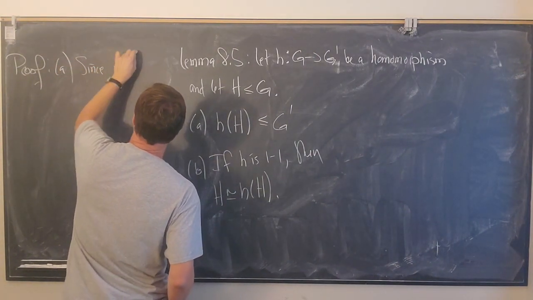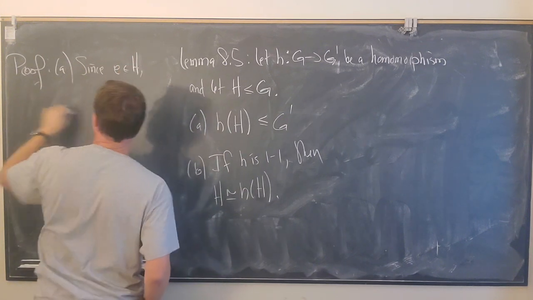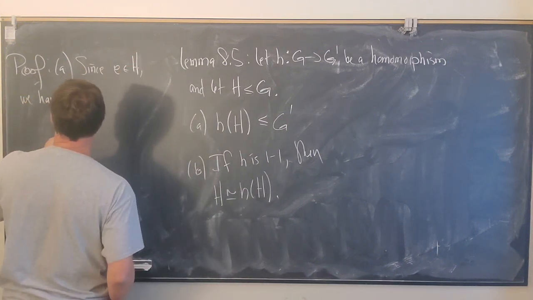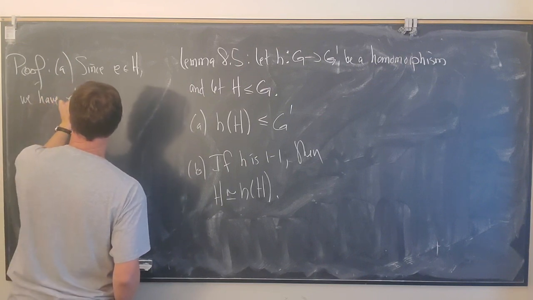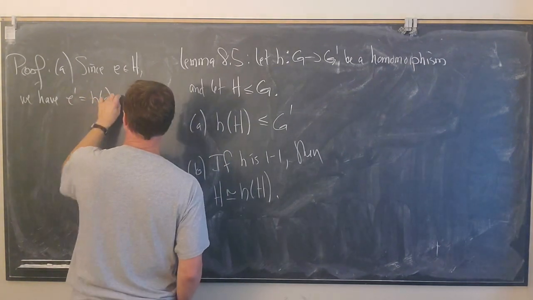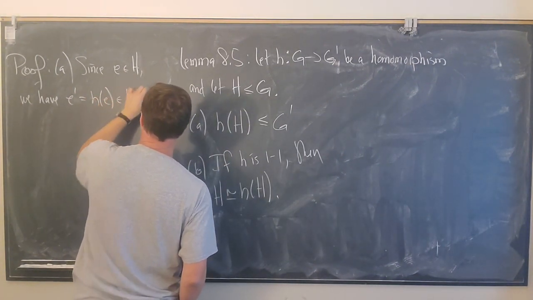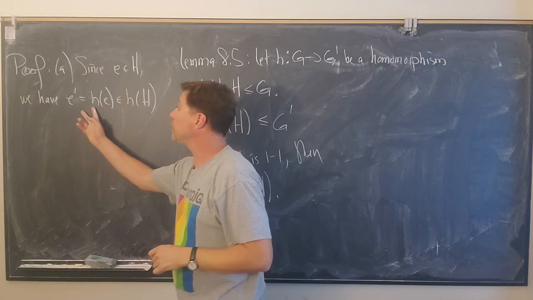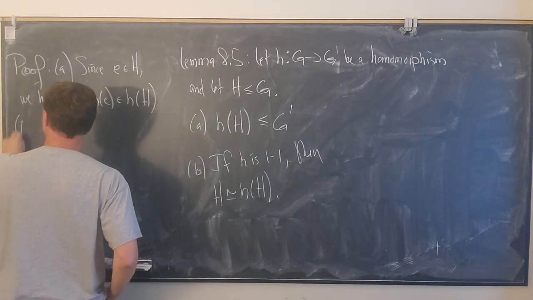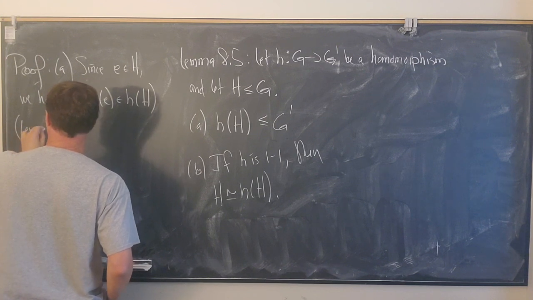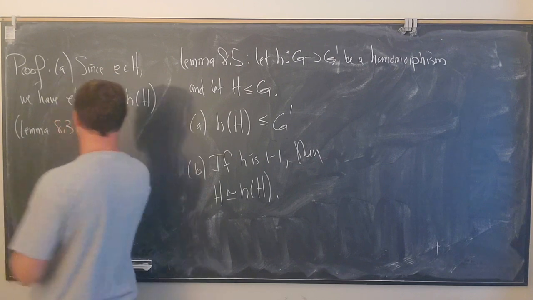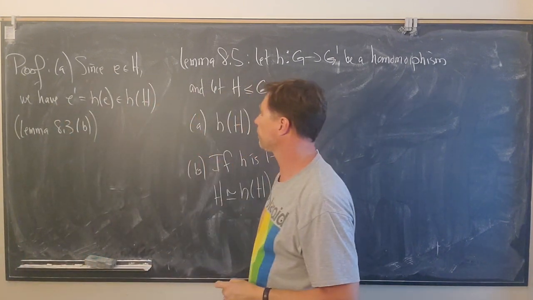So since e is an element of H, we have e prime, which is equal to h of little e, is an element of h of capital H. I just used lemma 8.3 part B, that h of e is equal to e prime.